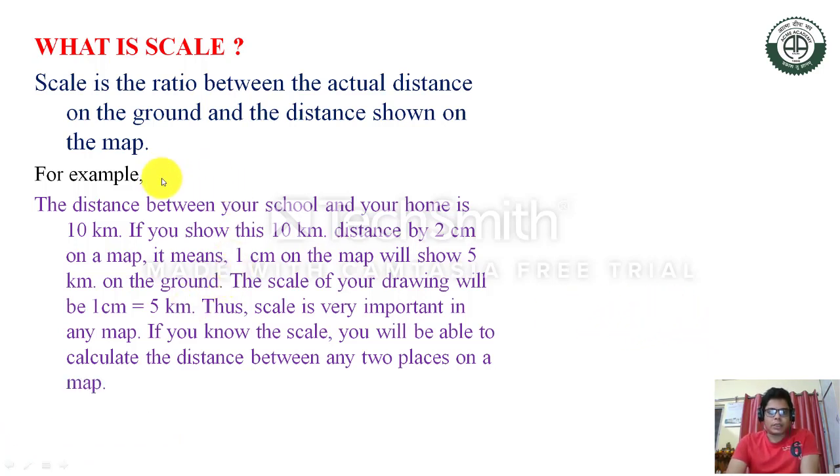First, what is scale? Scale is a ratio between the actual distance on the ground and the distance shown on a map. Actual distance means the real distance. The real distance from point A to B may be 20 kilometer, but it is impossible to show this 20 kilometer on paper. That's why we must take the scale.